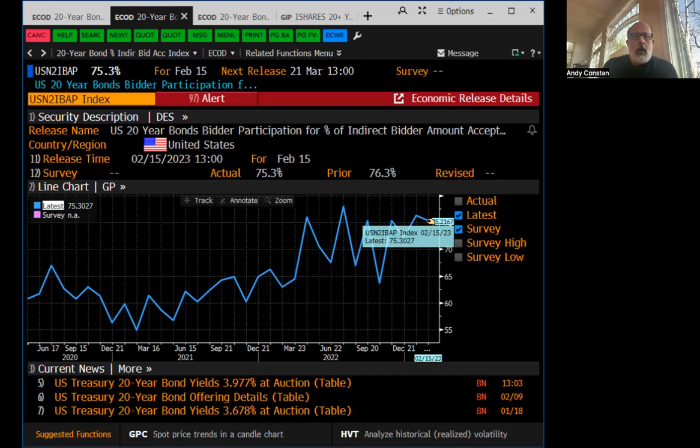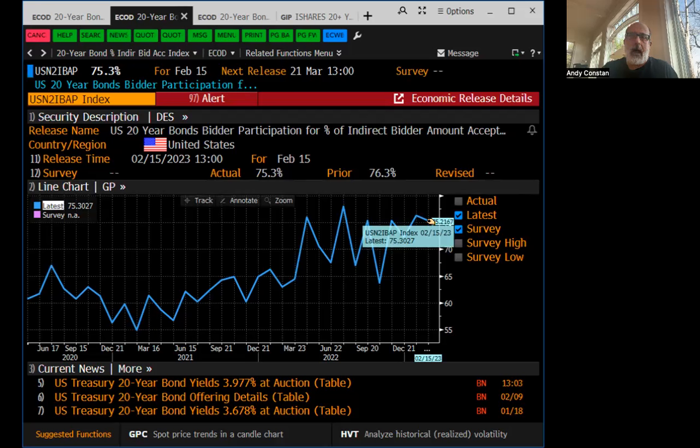So what is an indirect bid? Well, an indirect bid is literally a bid that was sent by a broker-dealer as an agent to the Treasury. And that means the customer, for some reason, is unable or unwilling to participate directly in the auction with the US Treasury, and just doesn't have the middleman of the broker, the primary dealer. Typically, those are foreigners.